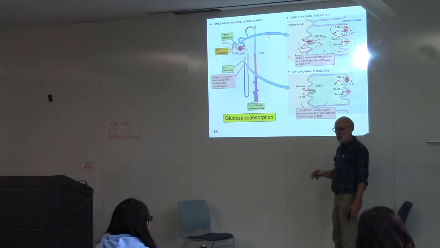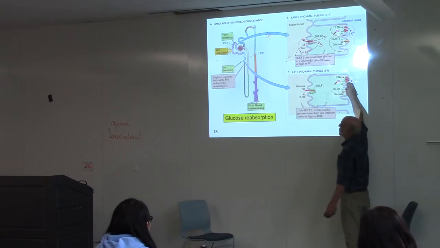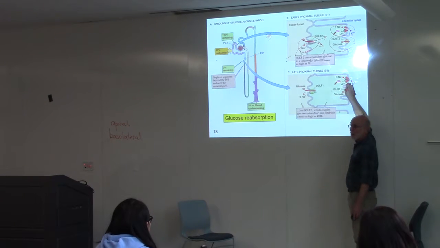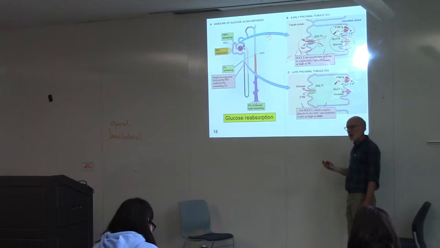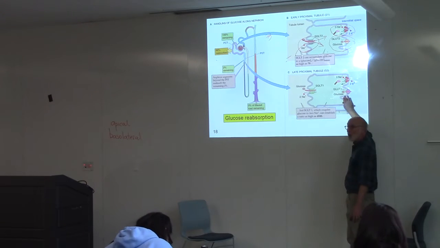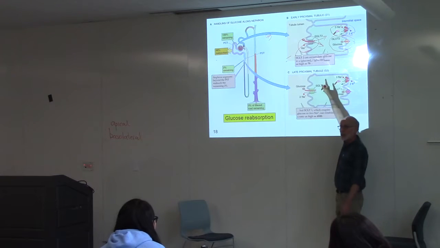What I want you to know is that there are sodium glucose cotransporters apical, there are sodium pumps basolateral, and there are glucose uniporters basolateral. That's the main thing. I don't want you to spend energy memorizing where GLUT1 is and where GLUT2 is, or where SGLT1 is and SGLT2 is.